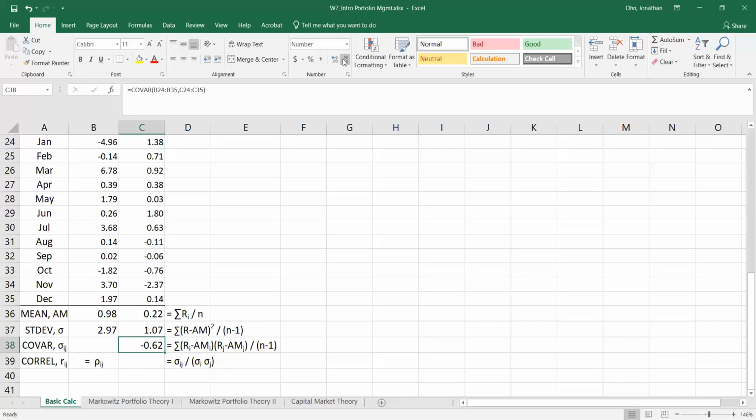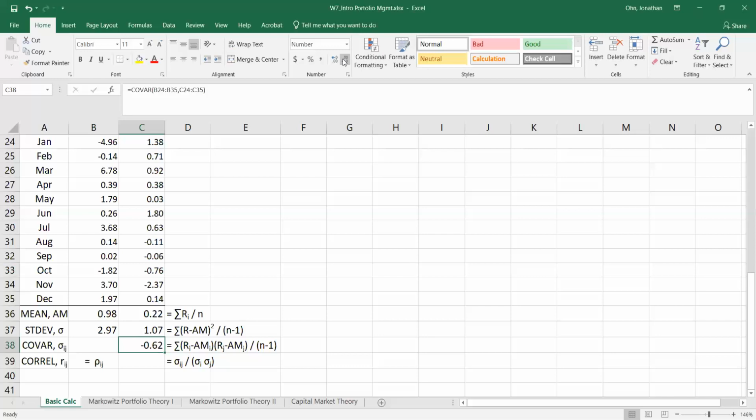Now, comparing this covariance with the correlation. Covariance shows the direction of these two movements. However, the size of this one, 0.62, does not tell you that much. It does not tell you any meaningful story.